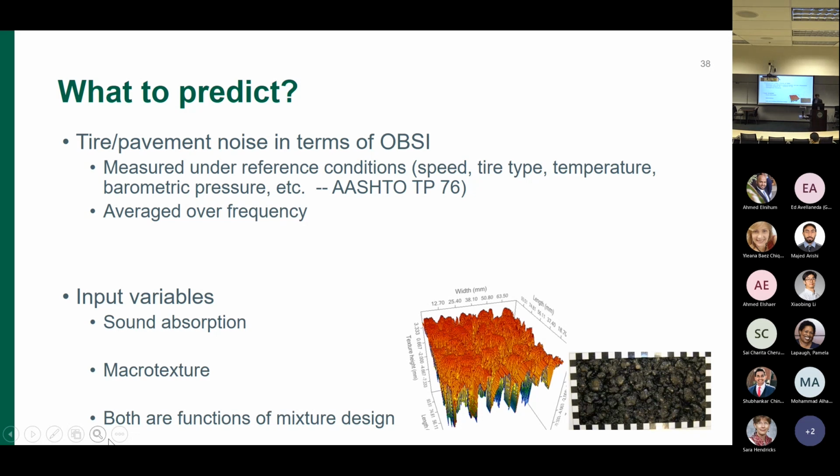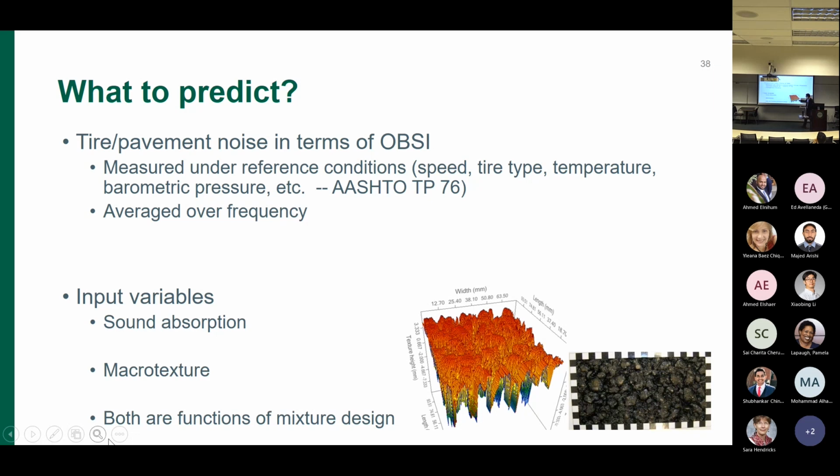The input variables we want to have are the sound absorption, which can be measured in the lab, or hopefully we can predict the sound absorption from the design parameters, and the macro texture, which can be measured on the surface and hopefully can also be predicted from the mix design parameters.